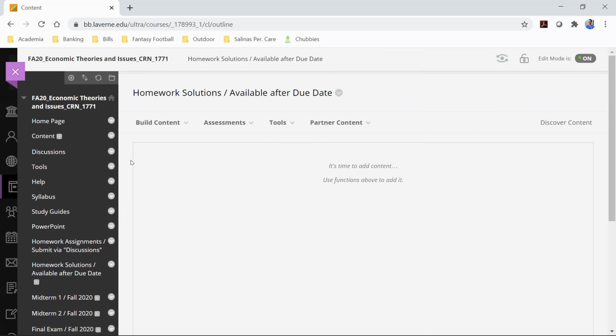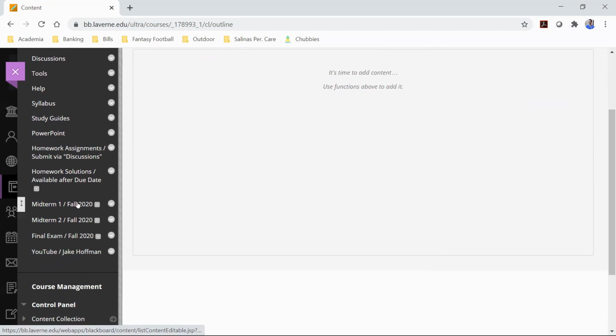Okay, and then I'll post my solutions to the homework here after they're due. And then the resources or the material for all the midterms will go here when we get to that. So for midterm 1, midterm 2, and the final, all the materials will be here.